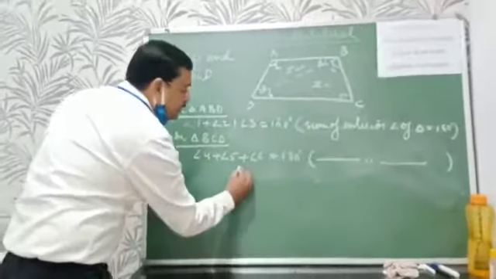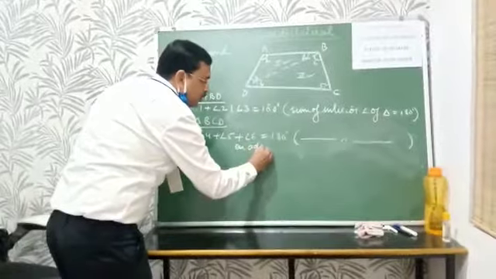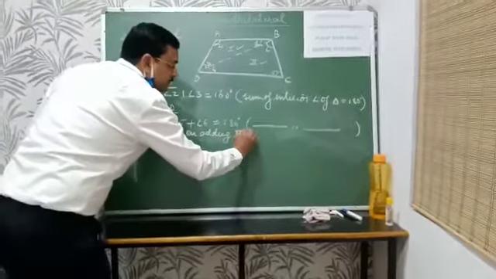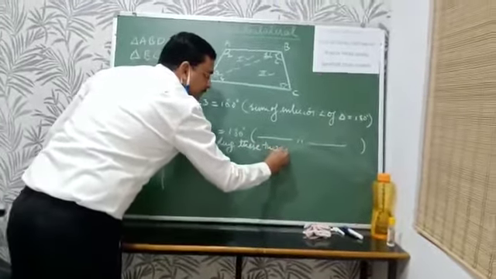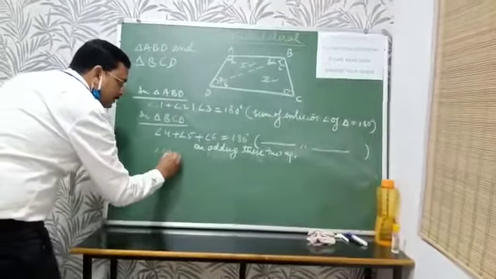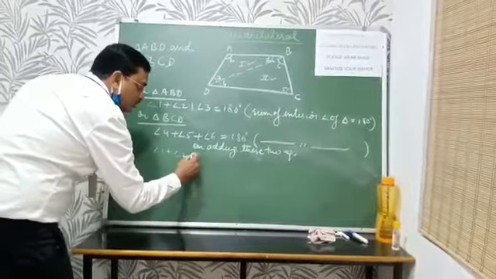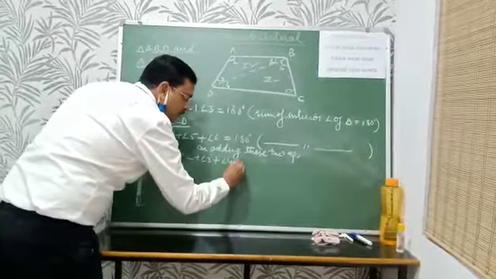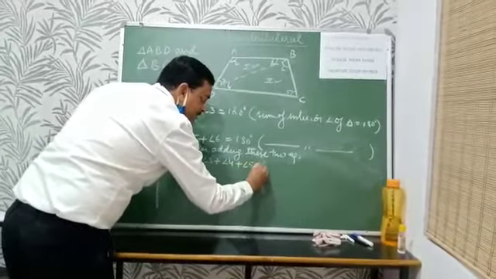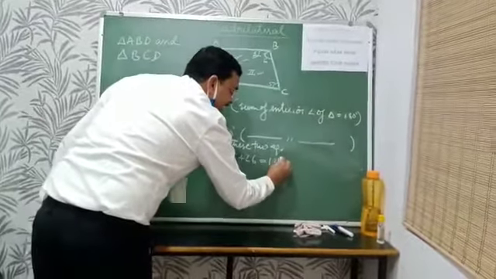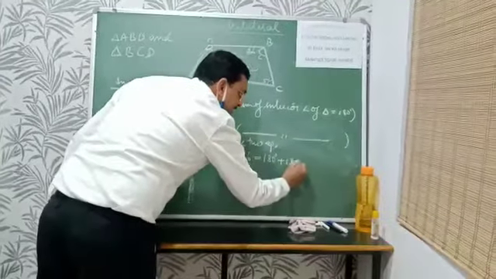Now on adding these 2 equations, angle 1 plus angle 2 plus angle 3 plus angle 4 plus angle 5 plus angle 6 is equal to 180 degrees plus 180 degrees.